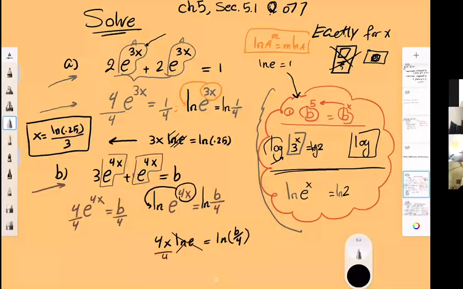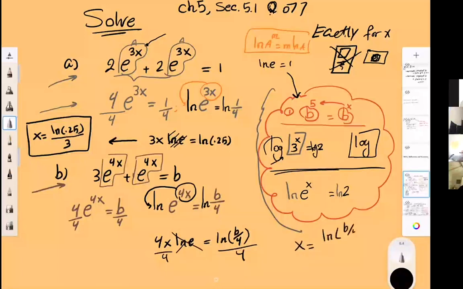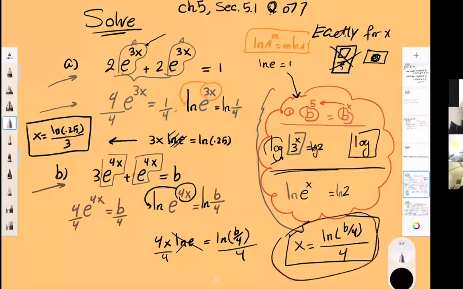I divide by 4. I get x equals ln of b over 4, divided by 4. Then we are done. I know ln of b over 4, we can simplify it as ln of b minus ln of 4, apply the formula, but we don't do it. We leave it like this. Simplest one.